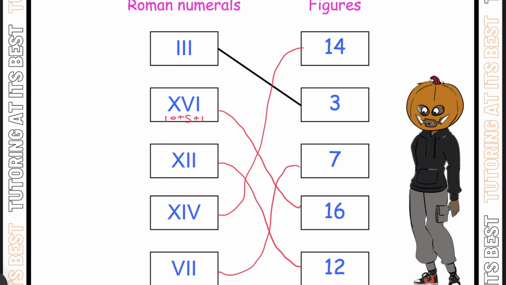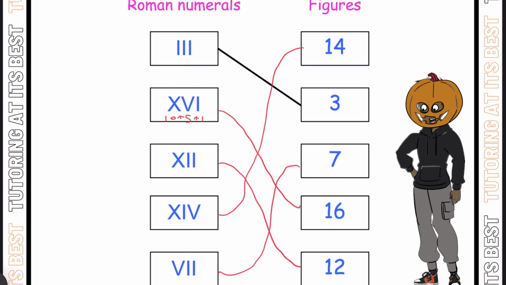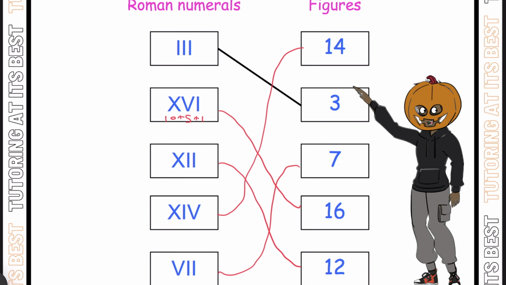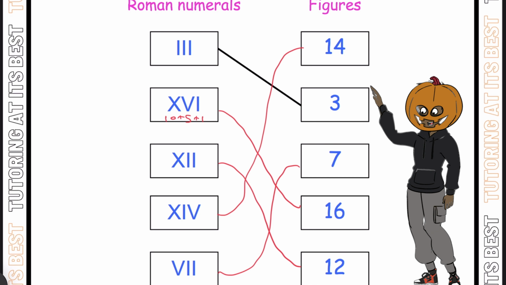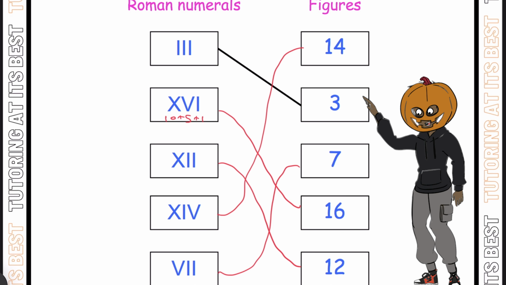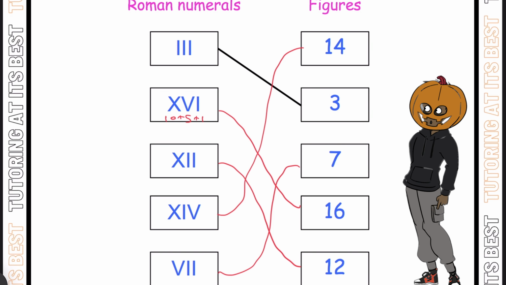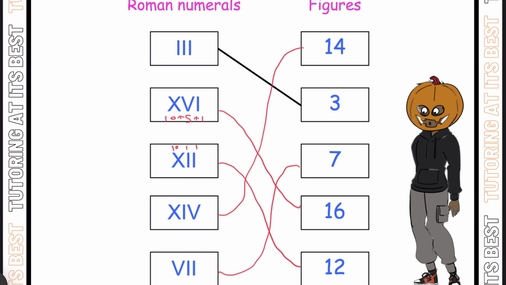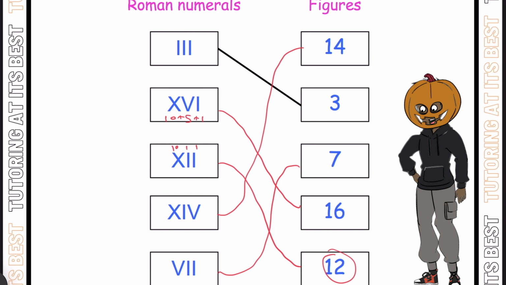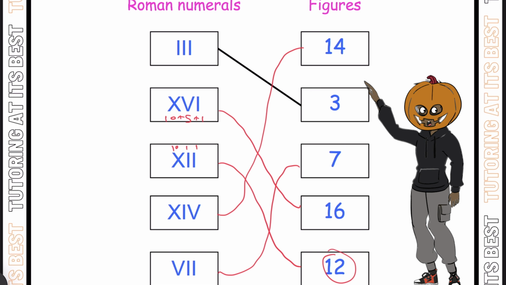Beautiful work. Now, if you're still finding it challenging, or if you feel that you need a bit more practice, that is absolutely fine. The best thing would be to perhaps write out the numbers on top of the letters. So for XII, we could write 10, 1, and 1, and that would help us to get 12. Marvelous.